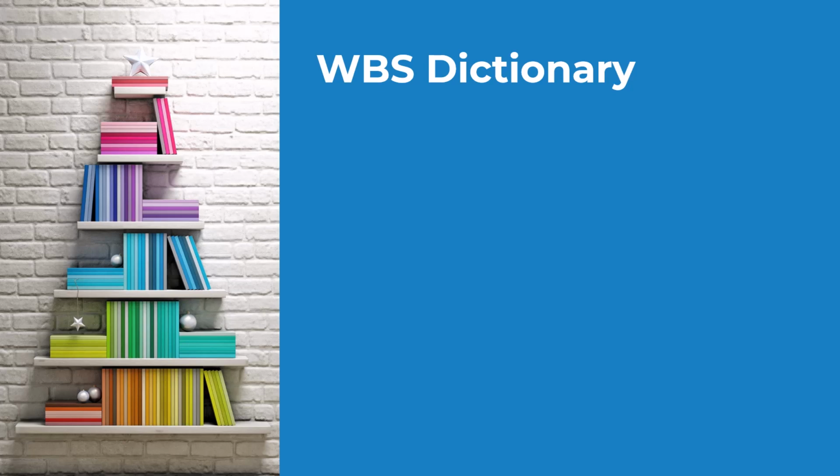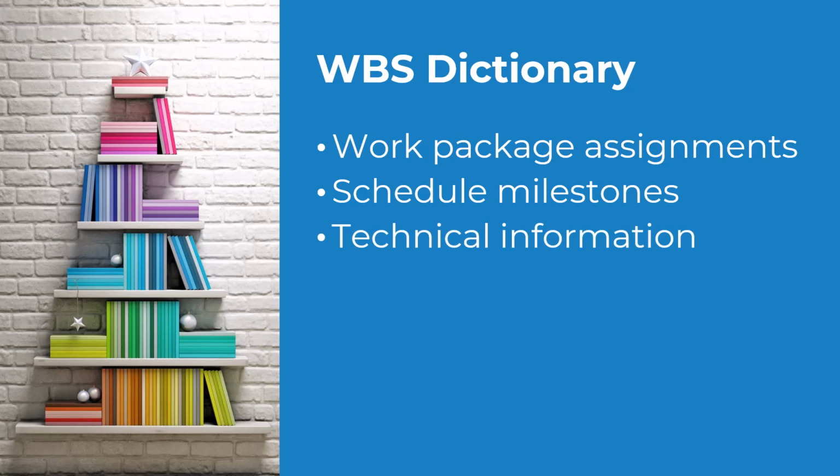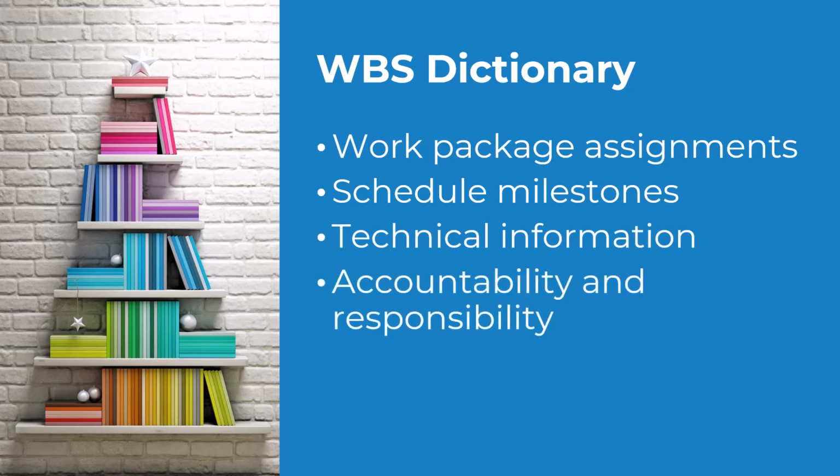For example, it can describe who is assigned to a particular work package, along with any target delivery milestones. It includes the technical information about the work package, the person who is accountable, and the people or groups responsible for the package. And of course, it also has a detailed description of the work that needs to be performed as part of the work package.